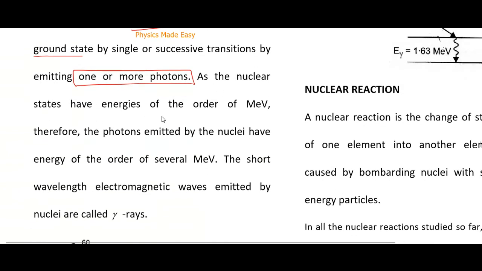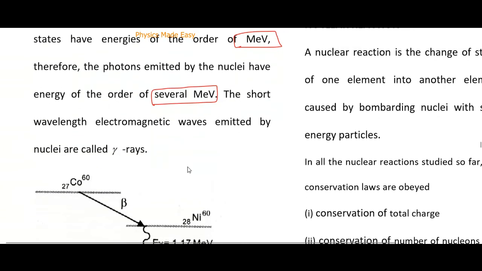As the nuclear states have energy of the order of million electron volts, therefore photon emitted by the nuclei have energy of the order of several MeV. And the short wavelength electromagnetic waves emitted by the nuclei, they are called gamma ray. The basic argument is after the emission of alpha or beta particles, daughter nuclei are in excited state.